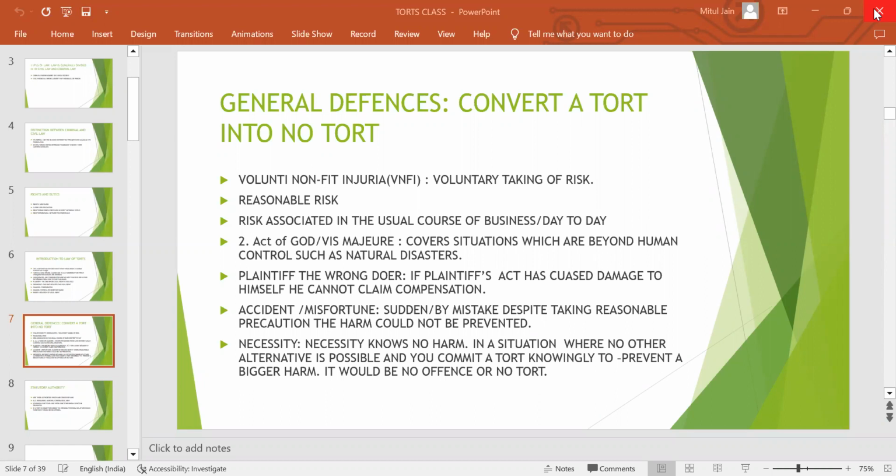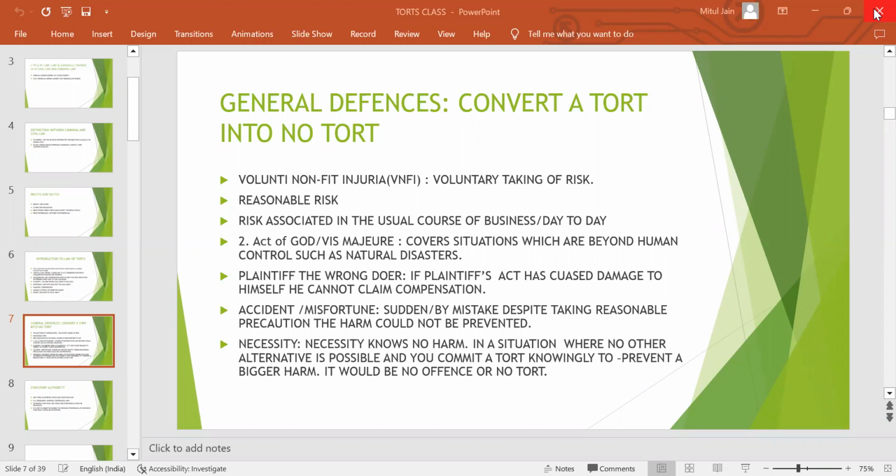Okay, the question is simple. Suppose there is a building which has caught fire. Let's assume it's a mall, right? And the only way for the fire brigade to reach the mall to douse the fire is by breaking certain portion of Mr. X's house. They decide to break certain portion of Mr. X's house so as to reach to the building that was blazing.